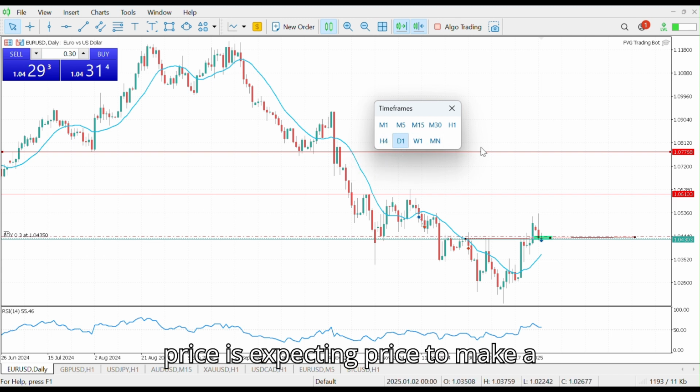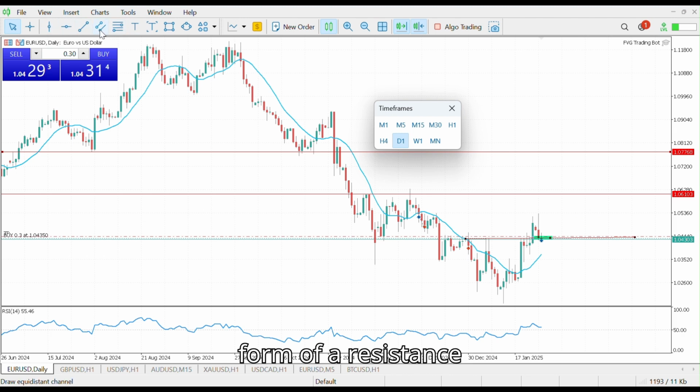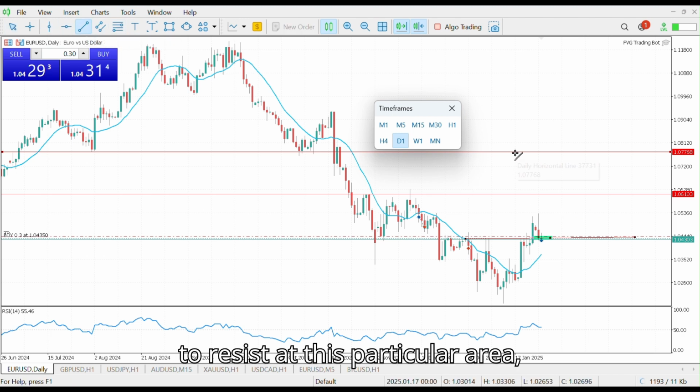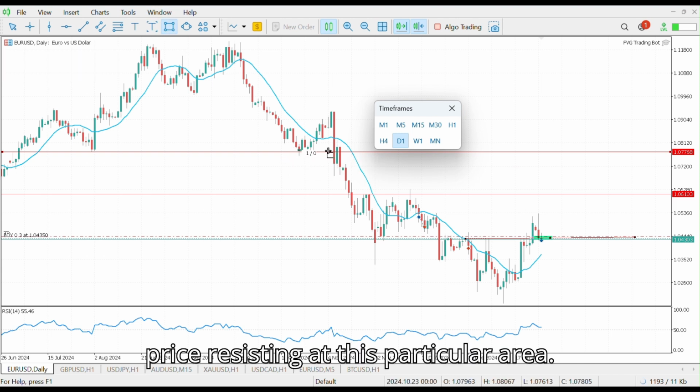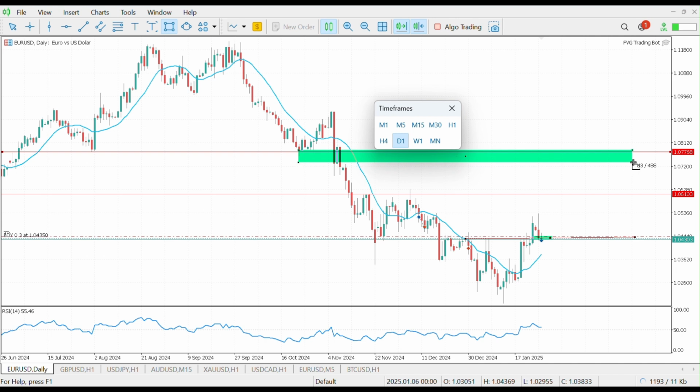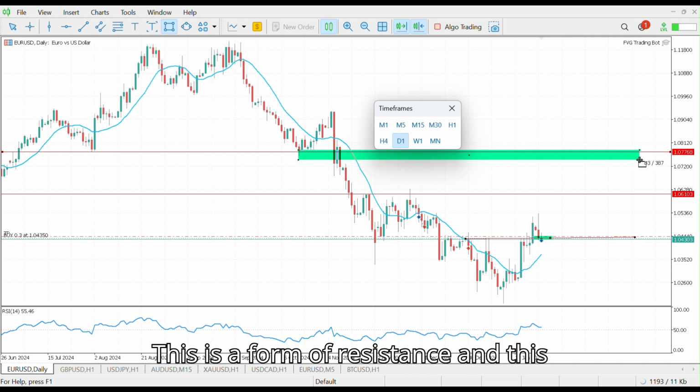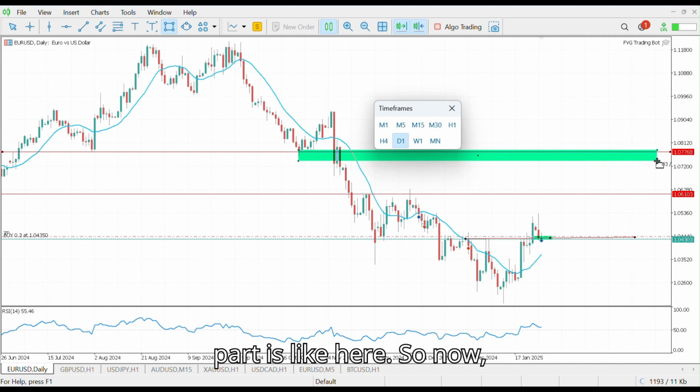So here, we're expecting price to make a form of resistance movement, to resist at this particular area. There is a form of resistance at this particular area.